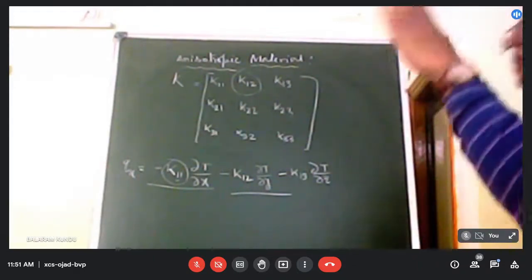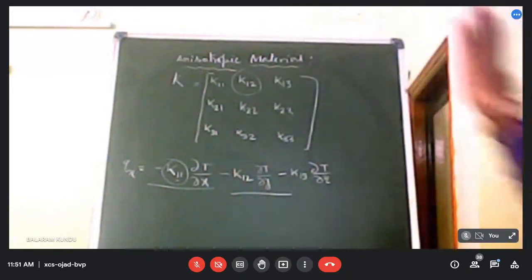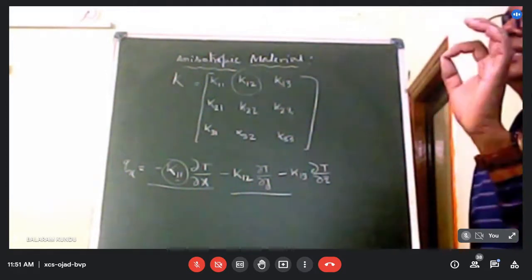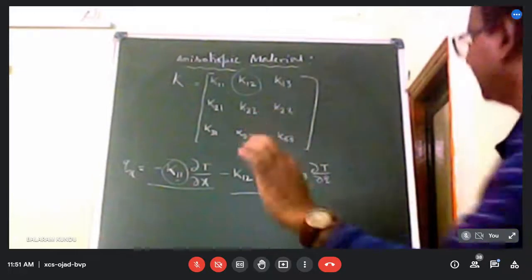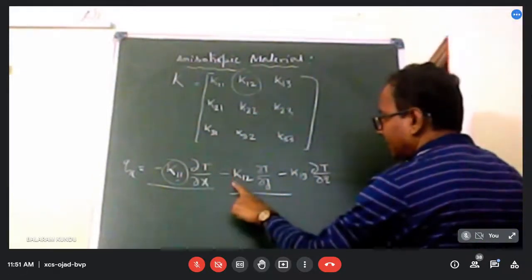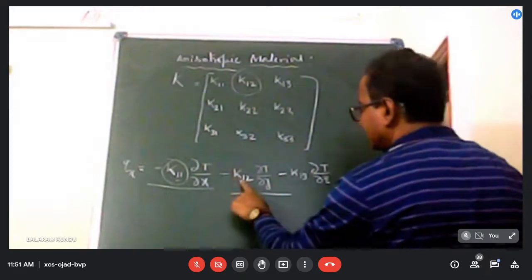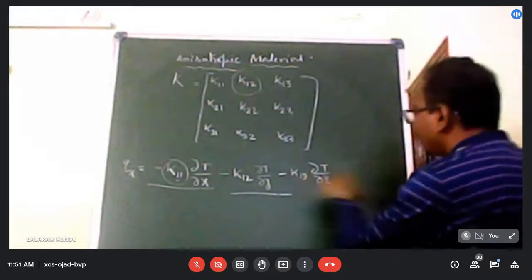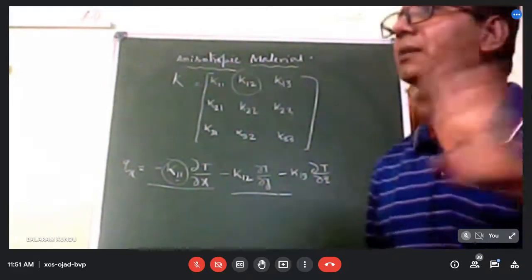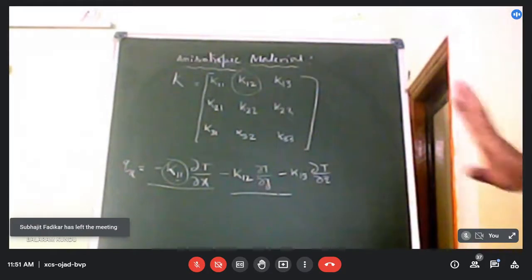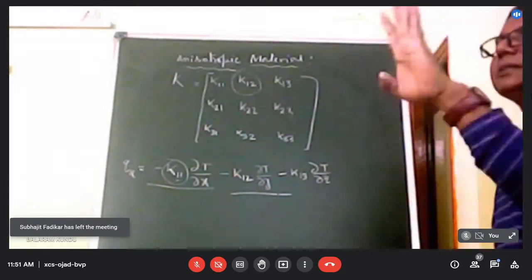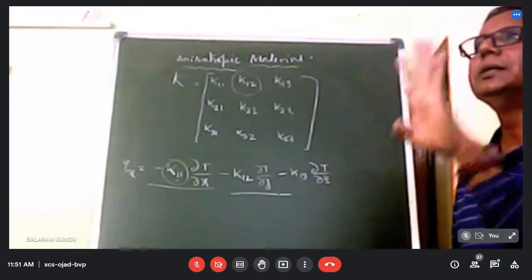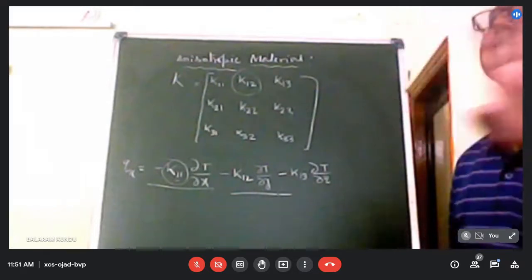That means for the temperature gradient in the y direction, heat transfer takes place in the x direction, and that can be obtained by writing this mathematical expression, K12 into del T del y. And K13, that is another component of thermal conductivity, into the temperature gradient in the z direction, we multiply, so that quantity will give the heat flux or heat transfer in the x direction.